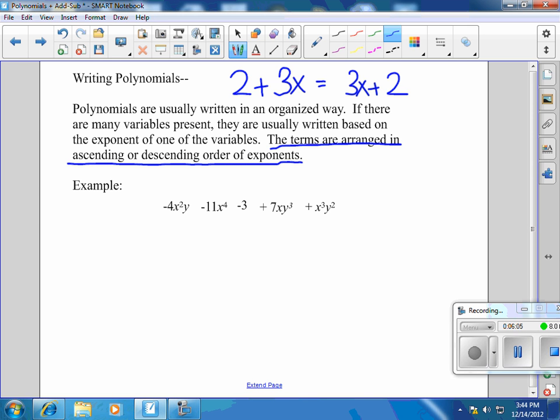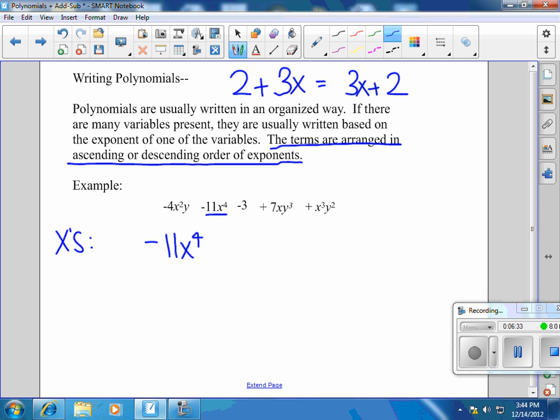So most of the time when you have more than one variable, so we have x's and y's here, we pick one of them, either the x's or the y's, and we order it in some way. I'm going to pick the x's. You could definitely pick the y's. But if we pick the x's, and I want to order them from biggest x to smallest x, it would look like this: negative 11x to the 4th.